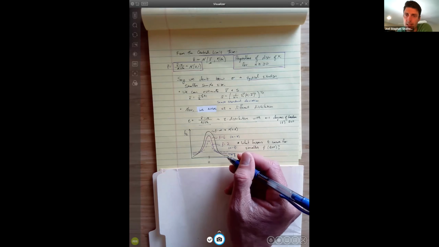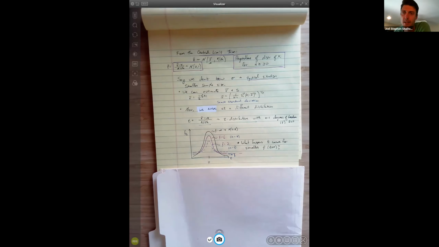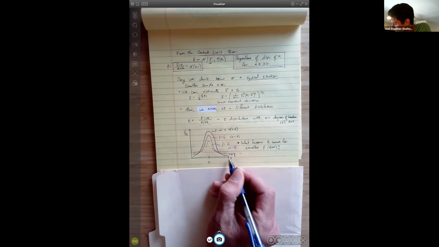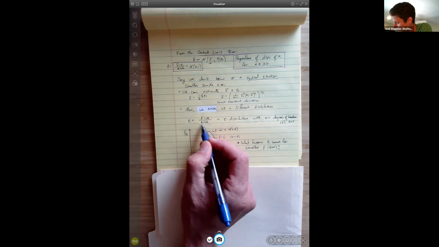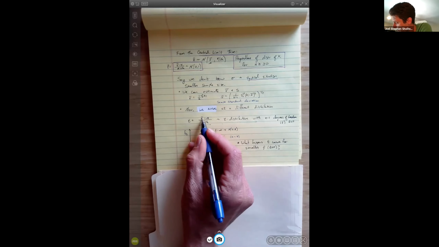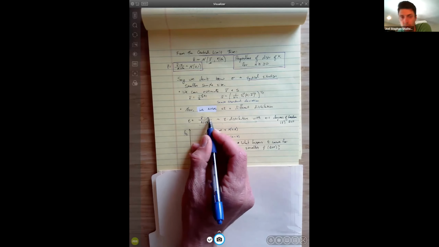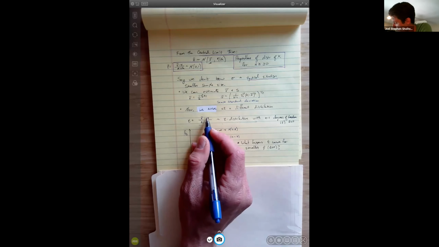So it just comes down to the area under the curve and how far away you have to go, kind of away from zero in this case, to get a value of t calculated up here. Remember, t is going to be the difference between your sample mean and the overall mean that you're interested in comparing to.